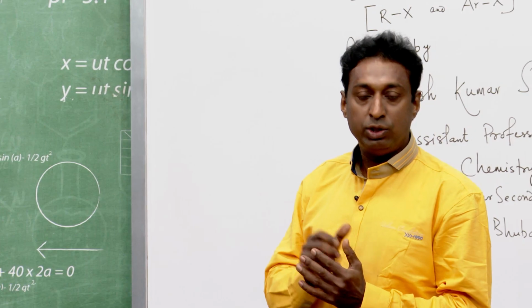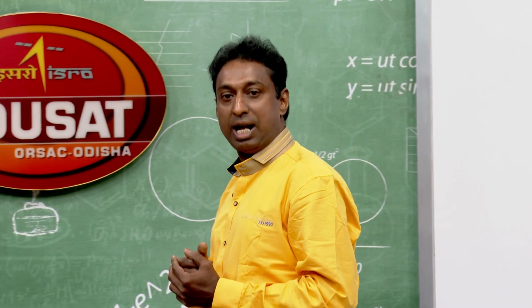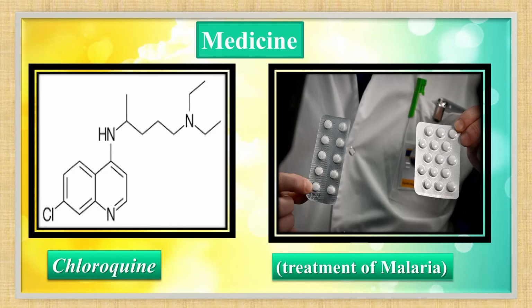Students, similarly, many more applications are there. I will show you now. Look at the slide. A very important medicine, chloroquine. I think you have chloroquine at your home also. It is used for the treatment of malaria.